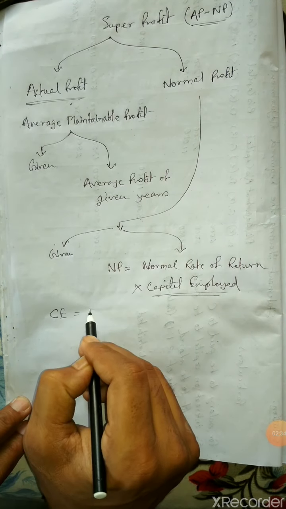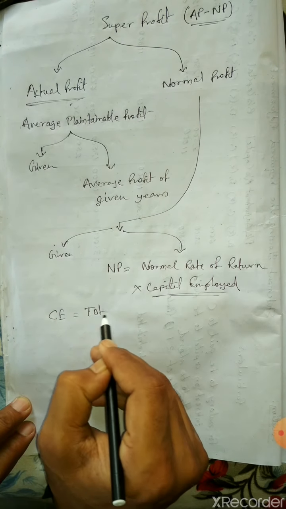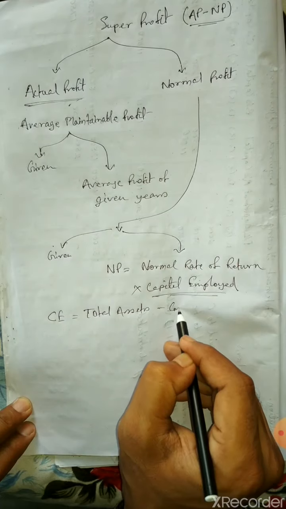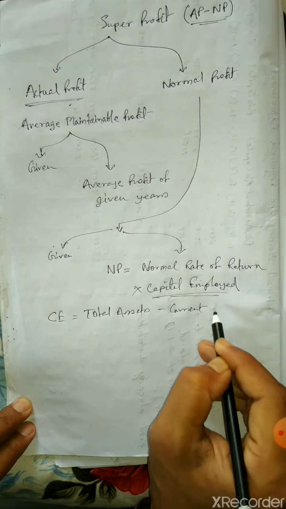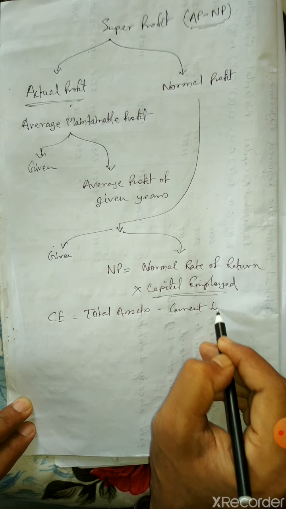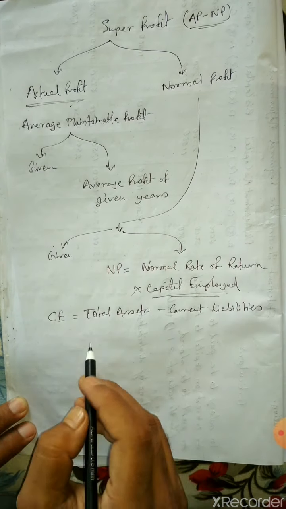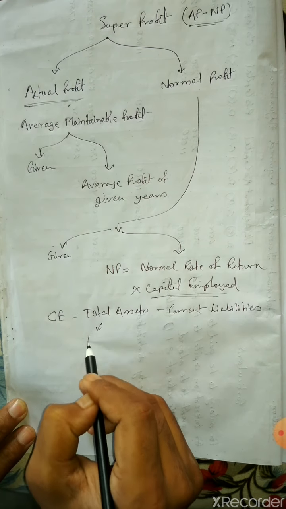Now, what is capital employed? Generally, it is given in the sum, but for your sake of information, total assets minus current liability is called capital employed. Total assets means fixed assets plus current assets.